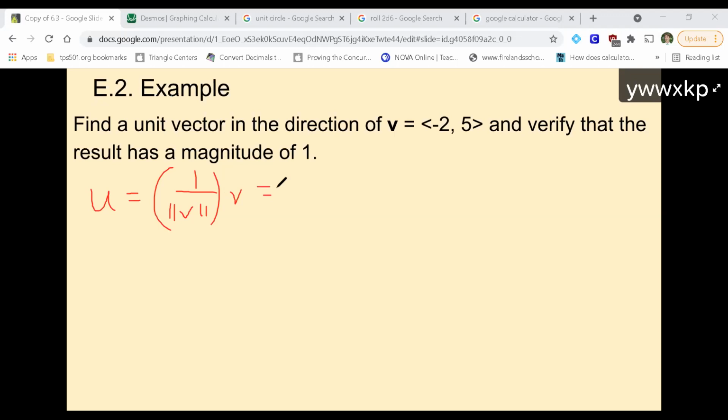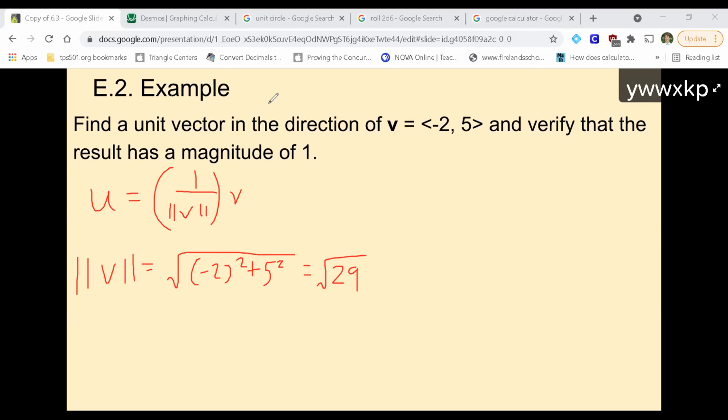All right, to do that, we need the magnitude of V. Well, the magnitude of V is just the square root of -2 squared plus 5 squared. Hey, we just did that. That's 4 plus 25, or 29.